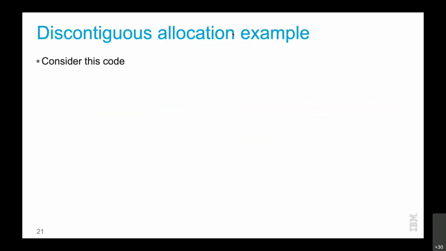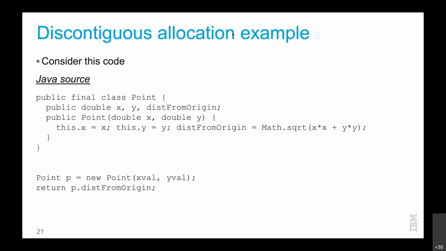Now, discontiguous. Here's an example in which discontiguous allocation might come into play. Here I've got my point class again, except this time the constructor happens to also be setting a distance from the origin field, just for purposes of illustration. I'm constructing an instance of point, and I'm simply using it to get the distance from the origin, because that was the only thing I was interested in.